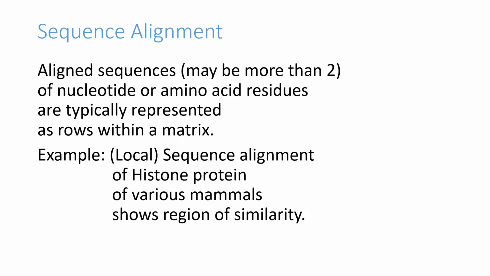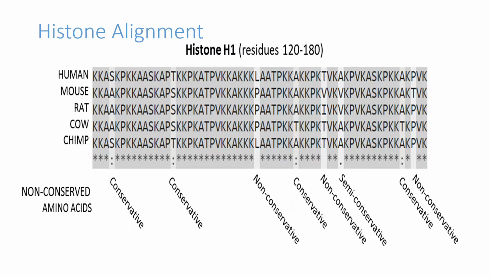For example, I found an alignment of histone proteins of various mammals in Wikipedia. The alignment looks like this. Histone is a general protein in various mammals used for DNA packaging.